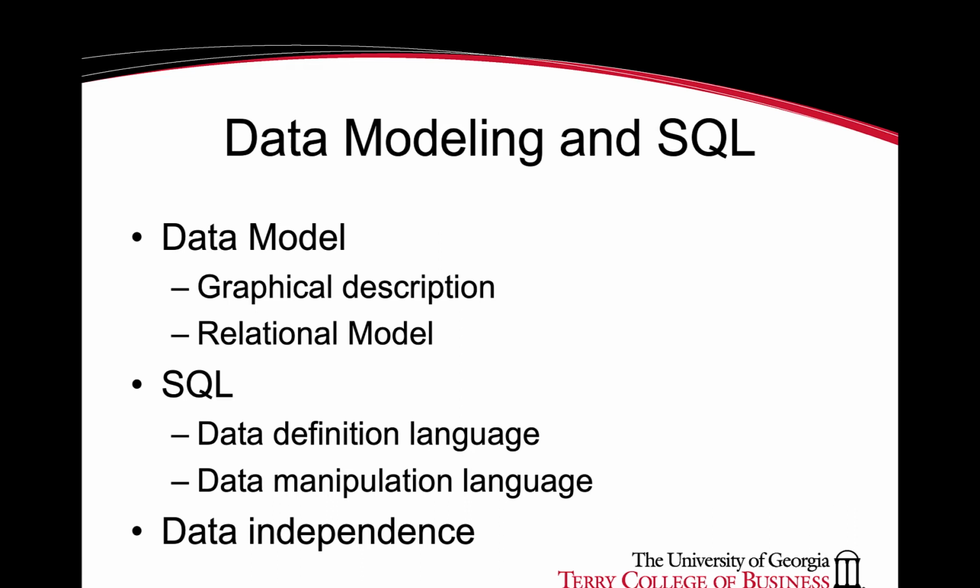One of the most common forms of data models is the relational model. The relational model is a system of notation that allows us to describe the relationship between different data elements in particularized ways.